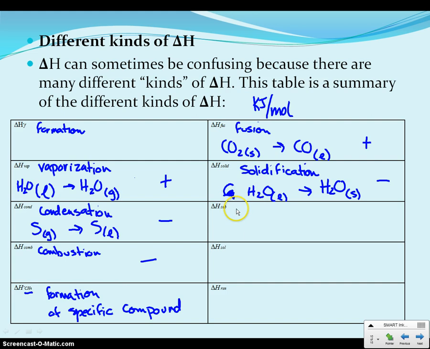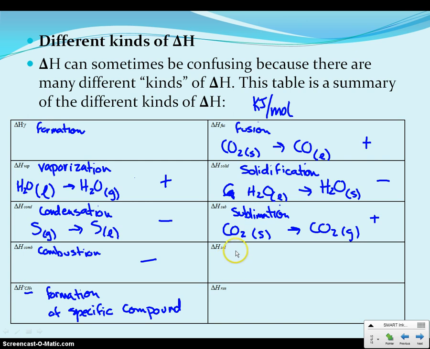Delta H sub is sublimation. A classic example is your carbon dioxide going from a solid to a gas, sublimating. And this is going to require energy, generally speaking. Of course, there's exceptions to the rule, but I'm just giving you some general signs of what's going on.